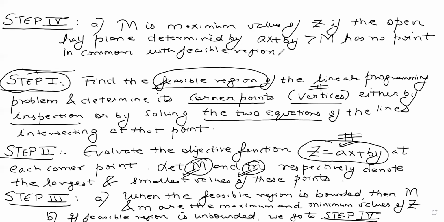If it has a point in common with the feasible region, I can write otherwise, Z has no maximum value.